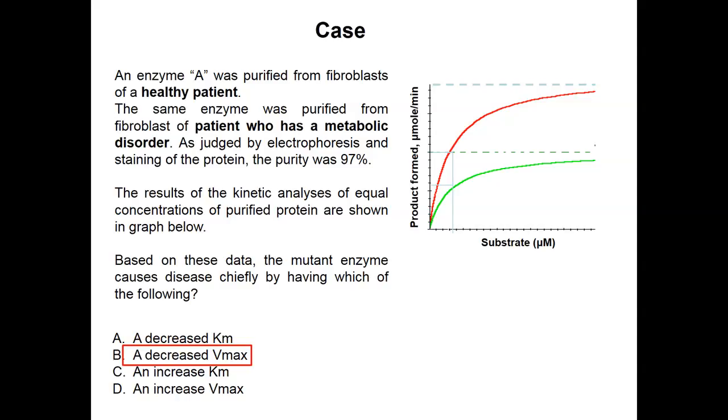Does that make sense? One allele is mutated, the other one is normal, so you're only working at half of the enzyme concentration. Not that you really have half of the concentration, but half of the enzyme is not working because of the mutation. Is that clear? Good.